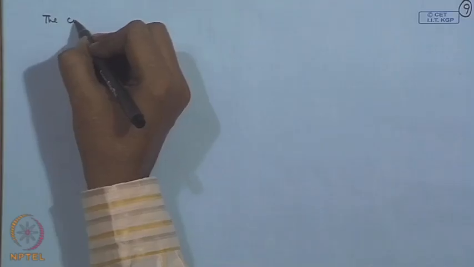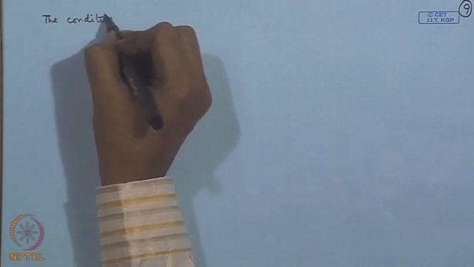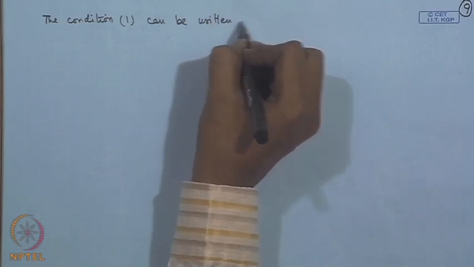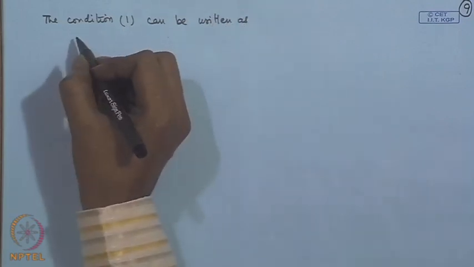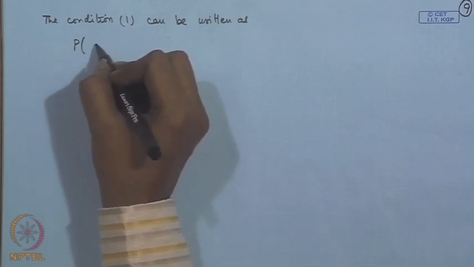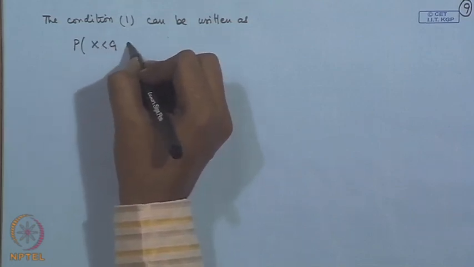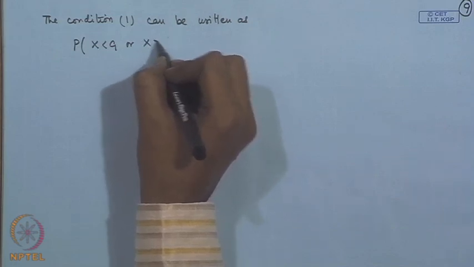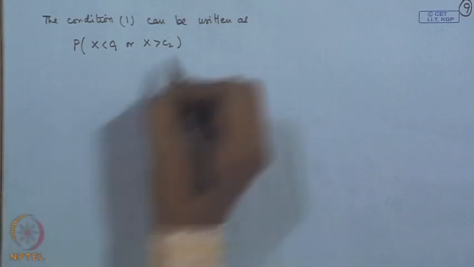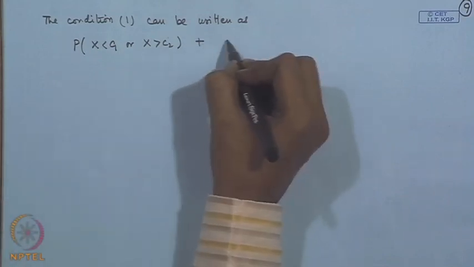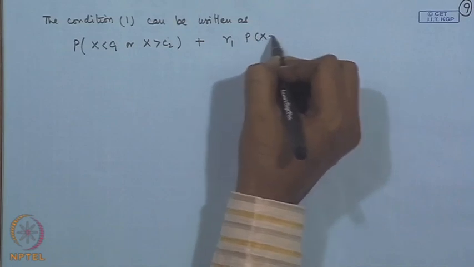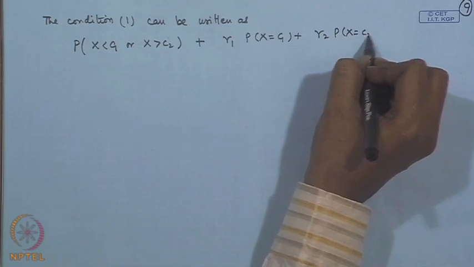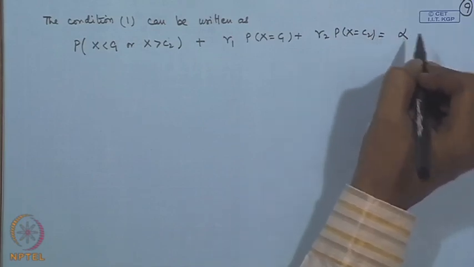The condition 1 can be written as, this is actually probability of x less than c 1 or x greater than c 2, plus gamma 1 probability of x is equal to c 1 plus gamma 2 probability of x is equal to c 2 is equal to alpha.